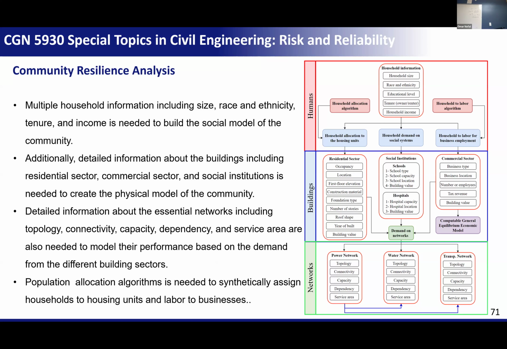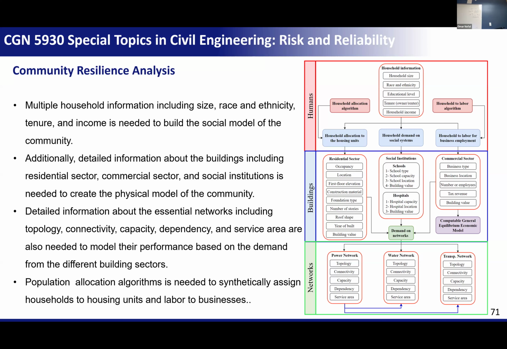So you need all of these data. For the network, you need the topology of the network, the connectivity of the network, the capacity of the network, like if it's 2-lane or 3-lane or 4 lanes, the dependency of the networks, where it gets power from, where they depend on each other, and what the service area of each network is, where it's served. So you need all this information about the network.